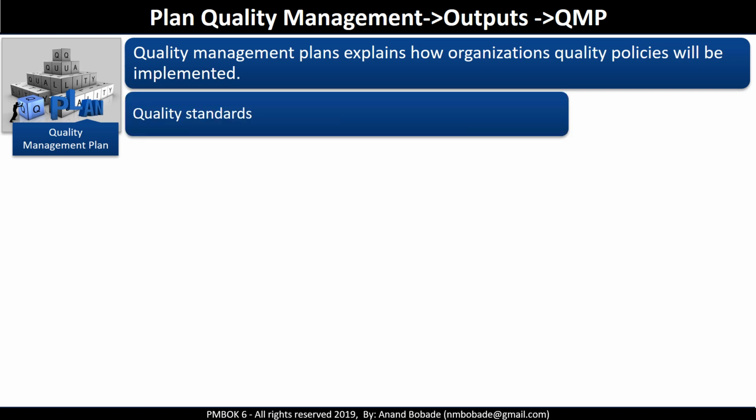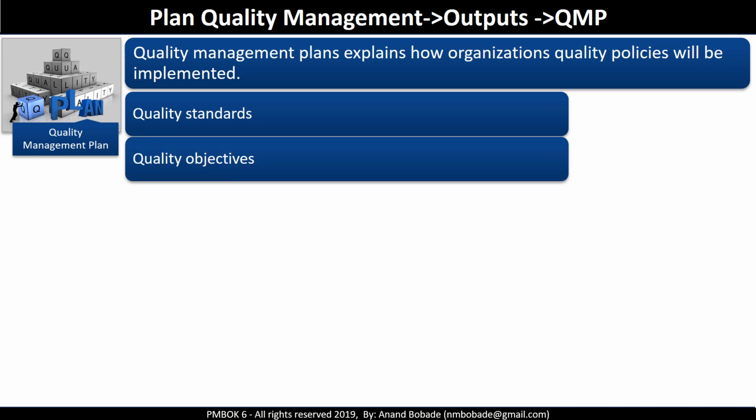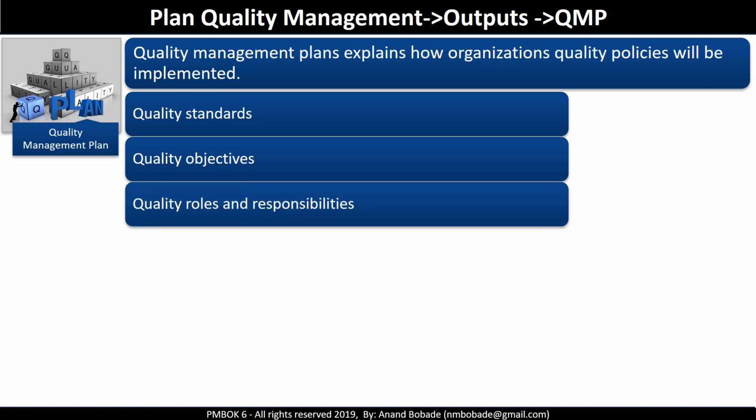The following details may be included in the quality management plan. The quality standards to be used on the project, what the quality objectives are and how they will be achieved, the quality roles and responsibilities, who will conduct the quality assurance and/or quality control activities, is there a quality department in the organization, or if you are hiring a third party to perform periodic quality audits.